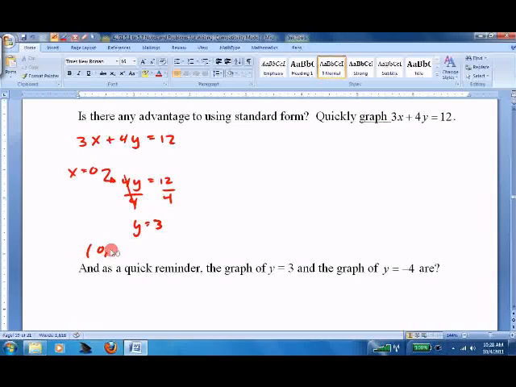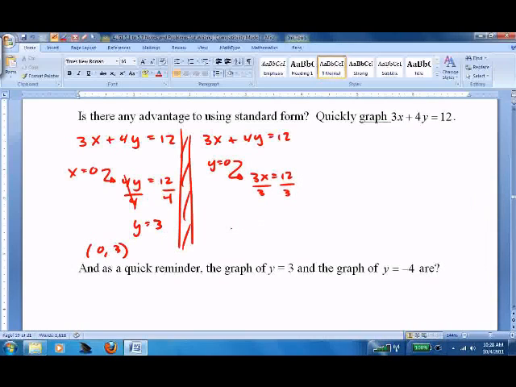That would be the point (0, 3). And then we could do it again. What if y equals 0? Well, then we get 3x equals 12, divided by 3, divided by 3. x equals 4.